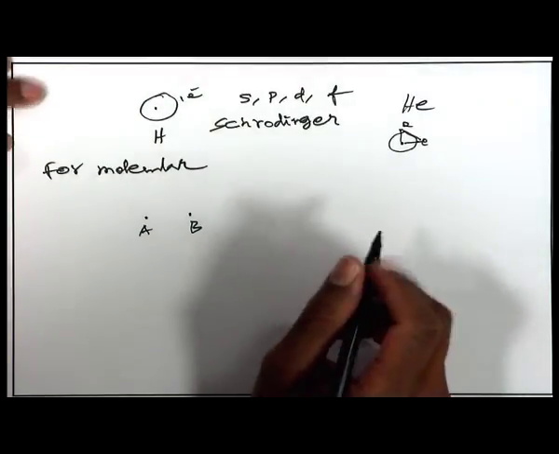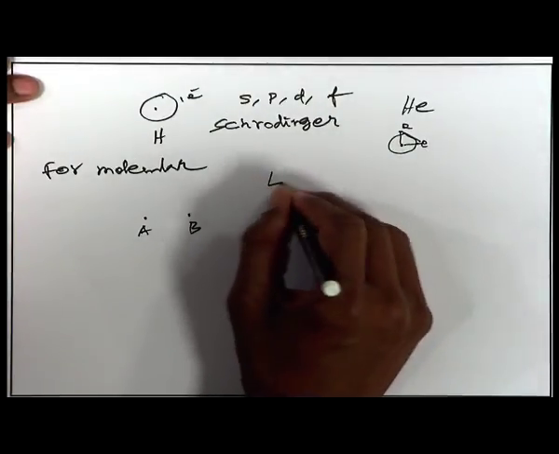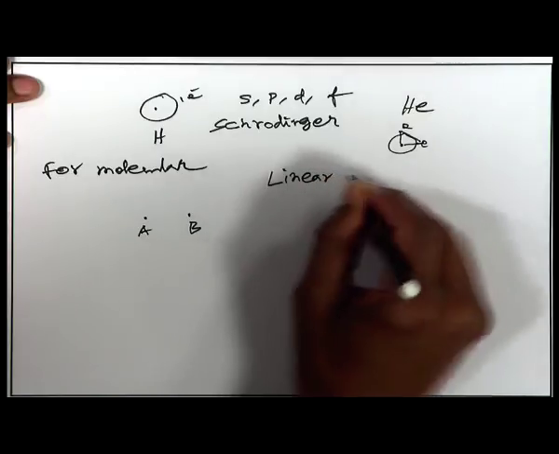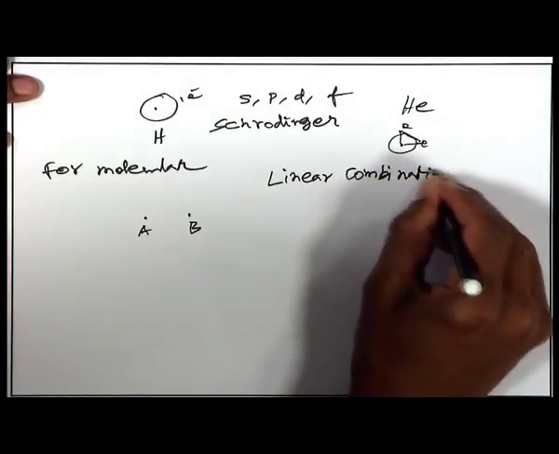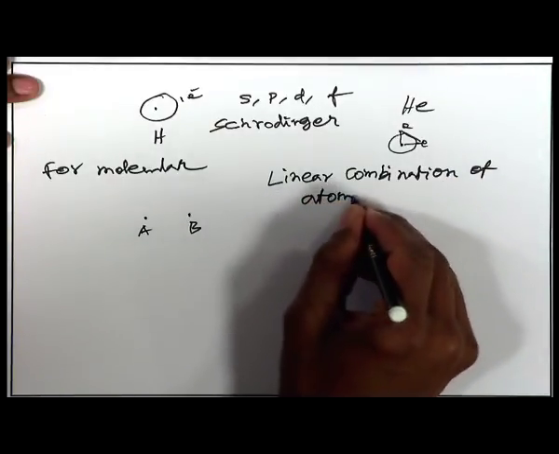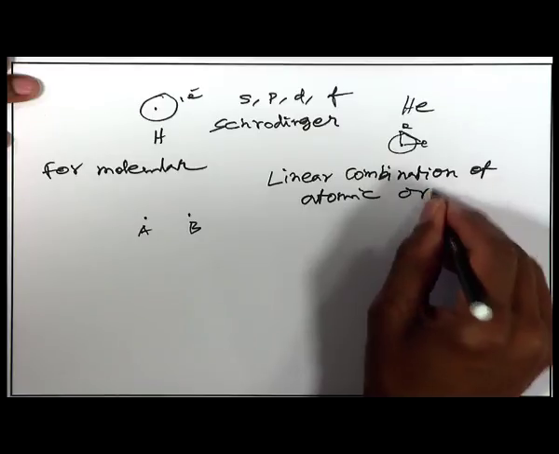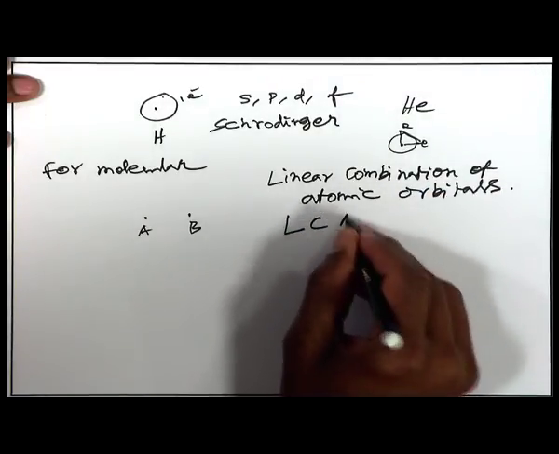One of the approximate methods is called the linear combination of atomic orbitals, the LCAO method.